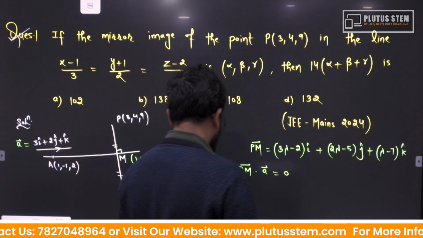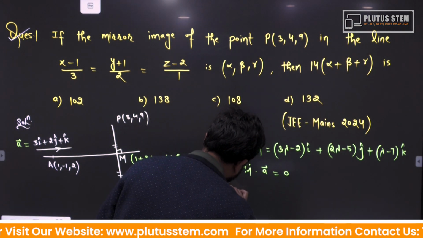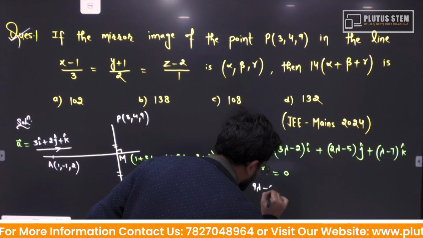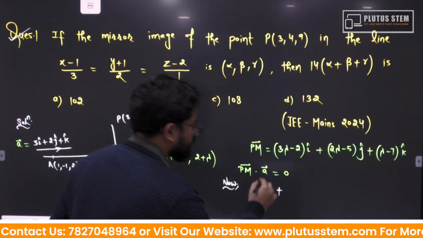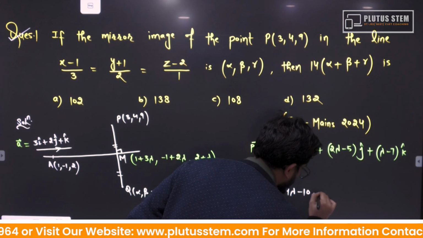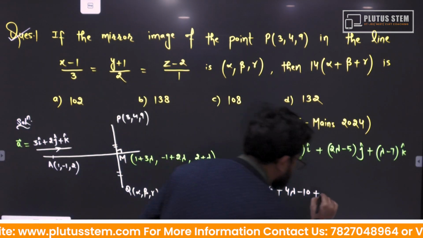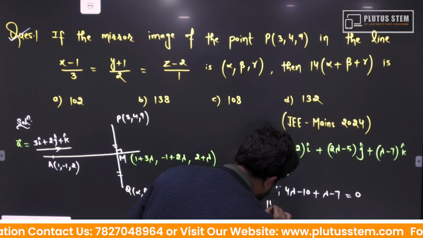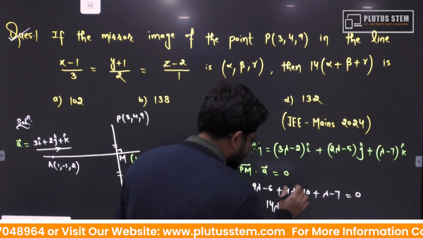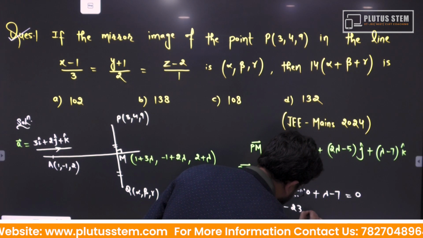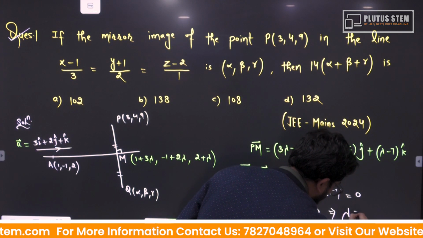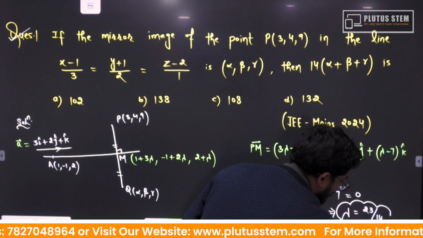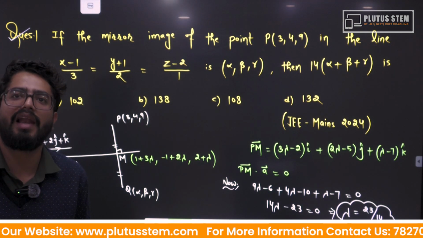When you calculate it, you get 3 into 3 lambda minus 2, that is 9 lambda minus 6, plus 2 into 2 lambda minus 5, that is 4 lambda minus 10, plus lambda minus 7, is equal to 0. When you simplify, 14 lambda minus 23 is equal to 0. So lambda will be 23 by 14. That is the value of lambda.